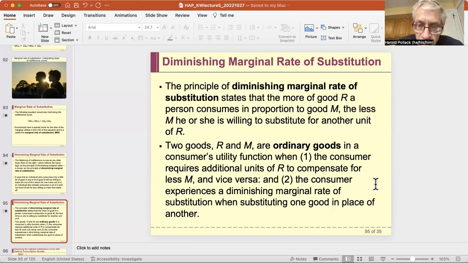So if two goods are ordinary goods in a consumer utility function, the consumer requires some additional units of R to compensate if I have less M and vice versa, and there's a diminishing marginal rate of substitution when substituting one good in place of the other. It's basically saying I'm getting bored with rooms if I have a lot of rooms, and I need fewer meals to compensate for that.